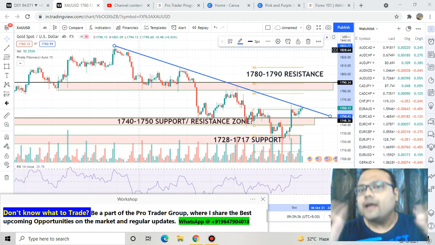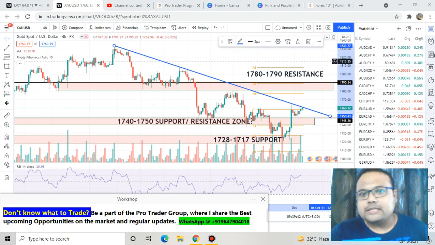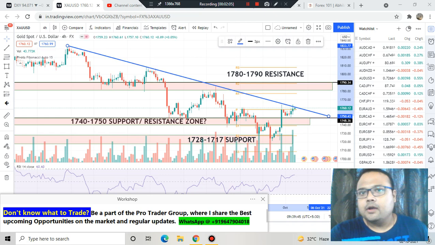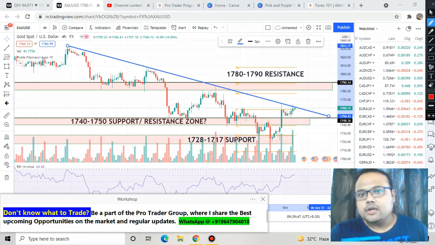If you do not have this trend line on your charting platform, I request you to draw it. The second important level on the market of gold USD is 1728 to 1717.